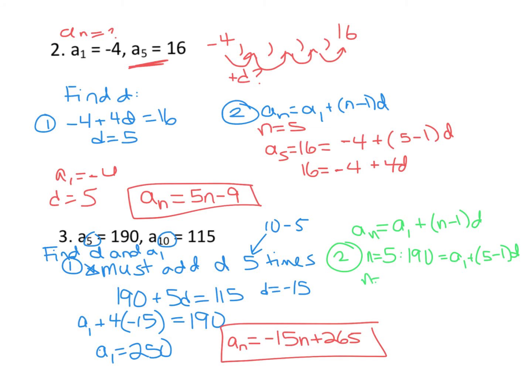And then I would have a second equation when n equals 10. That would give me 115 is equal to a1 plus 10 minus 1 times d. If you solve out that system of equations, you will get the same values for A1 and D, and that will give you your final answer. You do get the same answer this way.